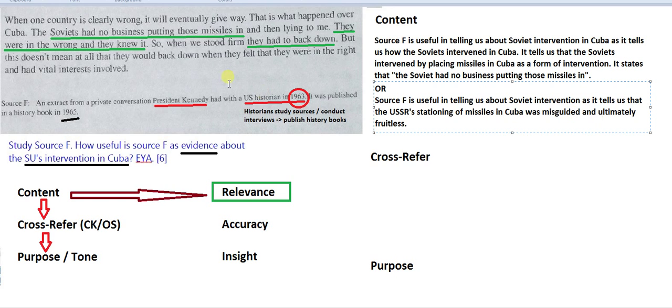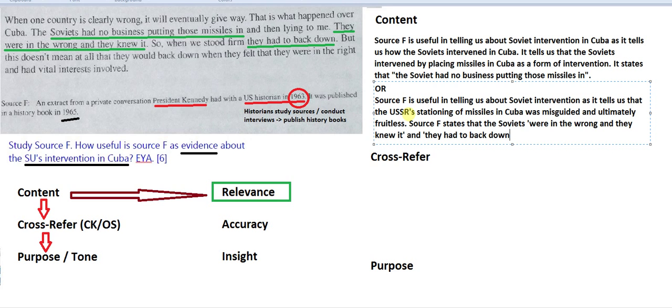Misguided and ultimately fruitless. Of course, this part, they were in the wrong and they knew it. So therefore, it was misguided and they had to back down, removing the missiles, and therefore it was fruitless over here. Those are the two pieces of evidence. Source F states that the Soviets were in the wrong and they knew it and they had to back down.